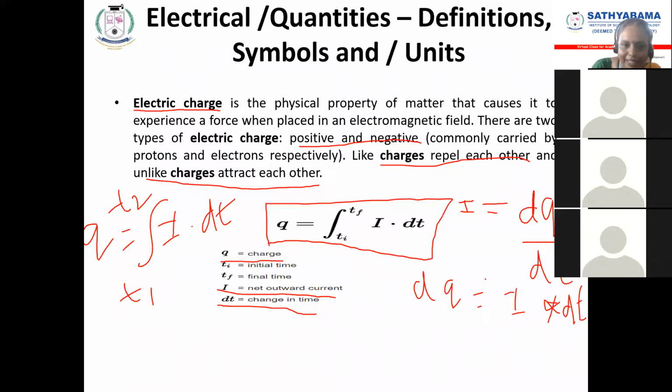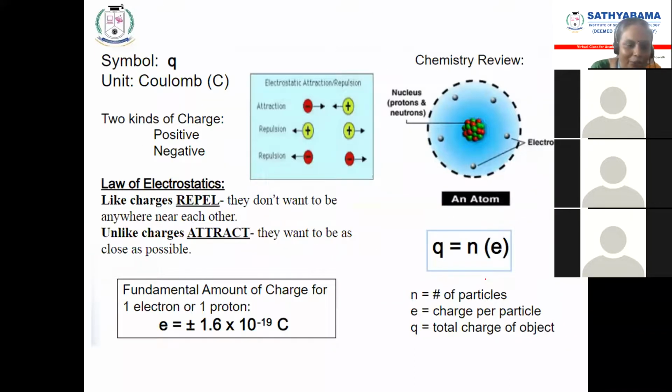Okay, now next, I told you the symbol for a charge is q, and the unit is coulomb. We will see how it is. And you all know I told you two charges, positive and negative charge. I have given an introduction; here we have seen it in detail.